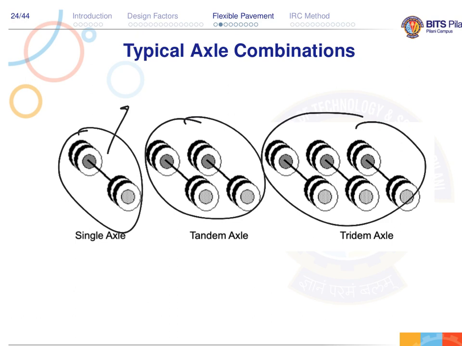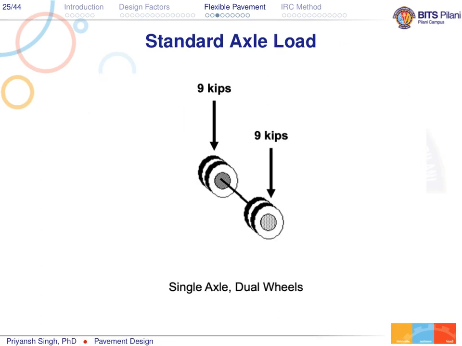Now if you want to measure the damage caused by each individual truck class, it will make the problem complex. So rather than estimating the damage caused by each individual class of vehicle, the strategy of converting all vehicles of different axle configurations into a standard axle configuration is adopted.